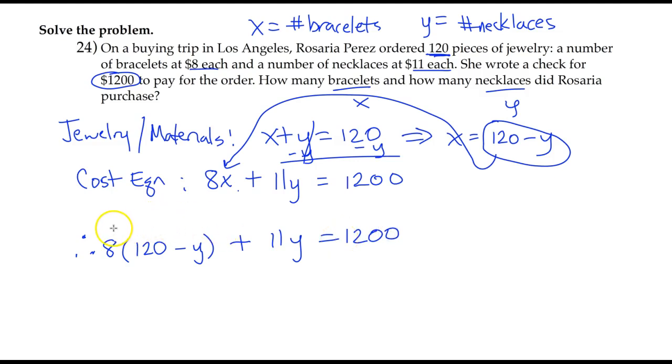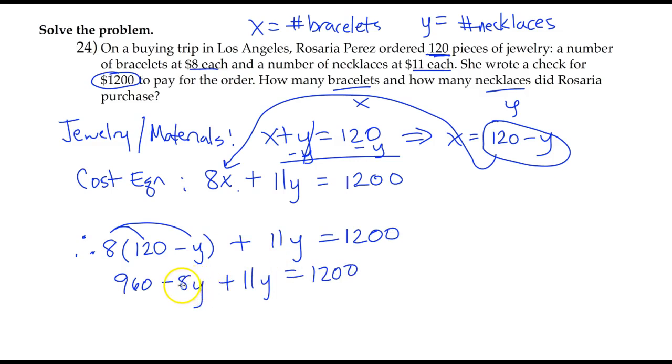And so now from here, I'm just going to solve for Y. I'm going to distribute my 8 to both terms there. So if I go ahead and multiply 8 times 120, that should be 960 minus 8Y plus 11Y equals 1,200.